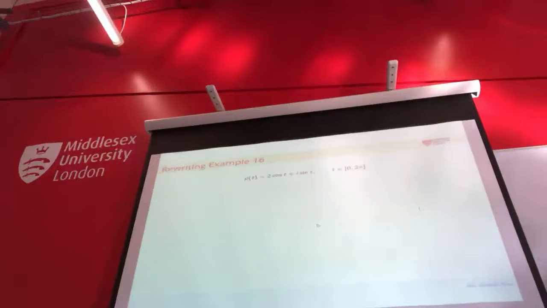So just to say a little bit about this, you can simplify this in the same way in terms of complex numbers. It is sometimes useful, so I will go through it. The idea is that you can write cos t is 1/2 (e to the it plus e to the minus it), and you can write sine t is 1/2i (e to the it minus e to the minus it).